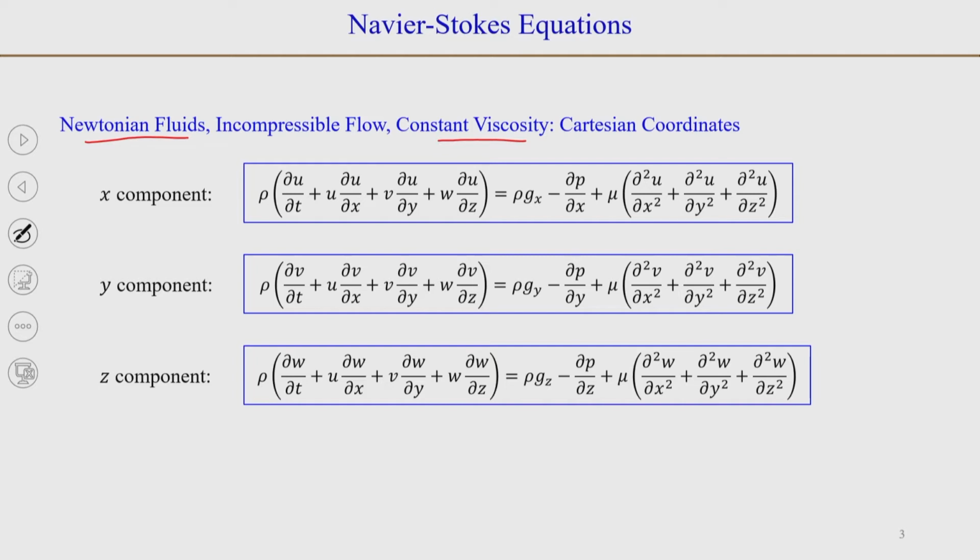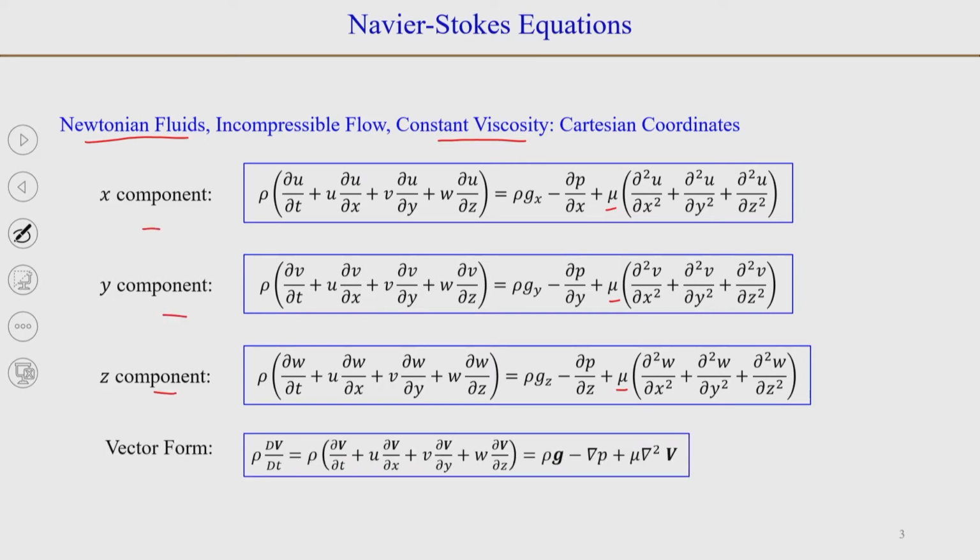So, we can take viscosity out of the derivative in these x, y and z component equations. You might see that all of these equations are in the vector form. So, the terms on the left hand side represent the fluid acceleration multiplied by, of course, density.